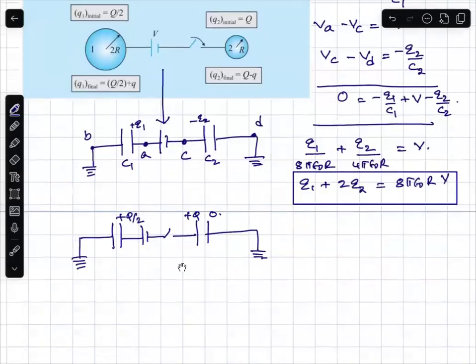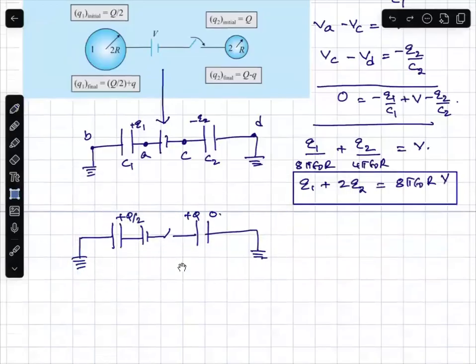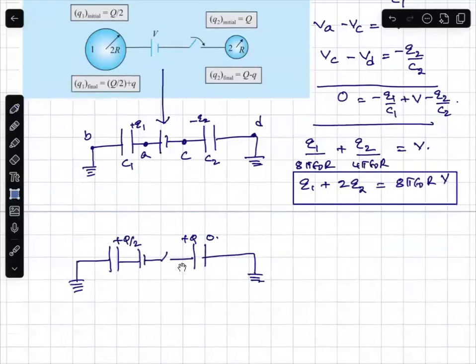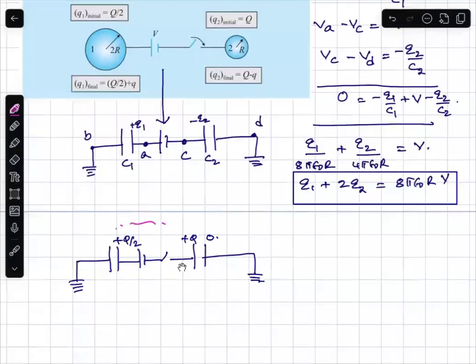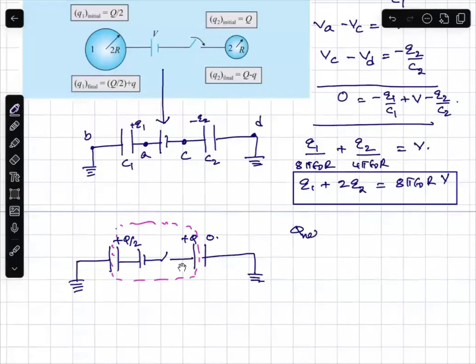So on this particular arrangement, net charge is 3Q by 2.